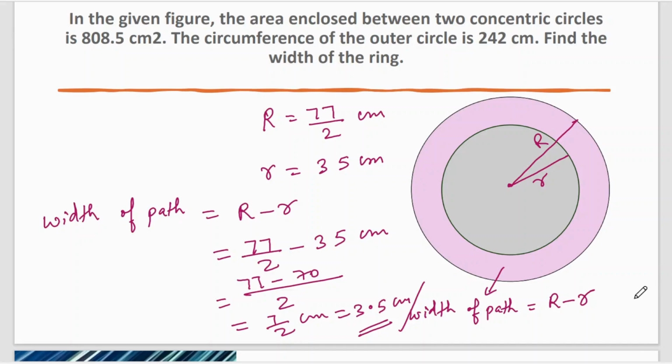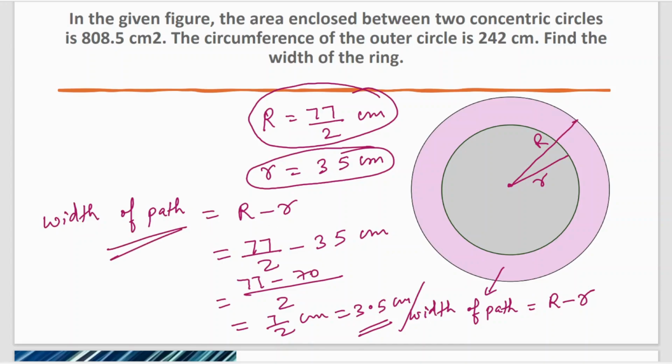For that you have to perform all the steps that we have done in the last question in this question also. First you will have to find the value of capital R, that means the radius of outer circle, and then you have to also find the radius of inner circle, and after that only you can subtract the value of capital R and small r to get the width of the path.